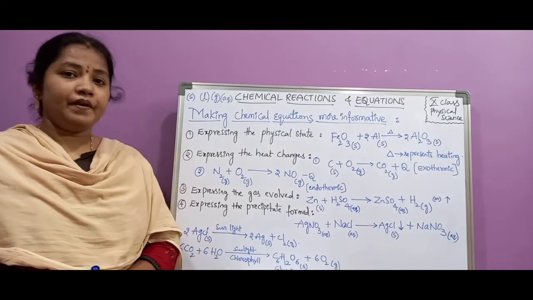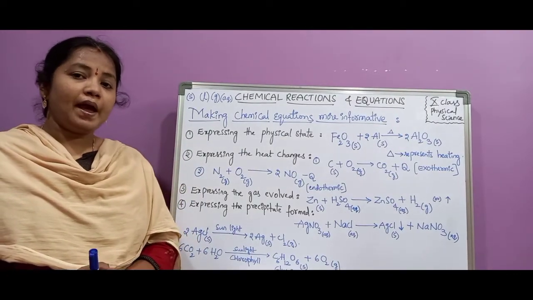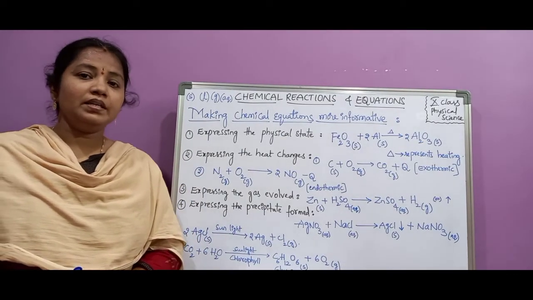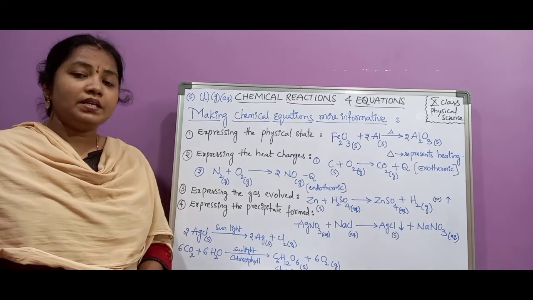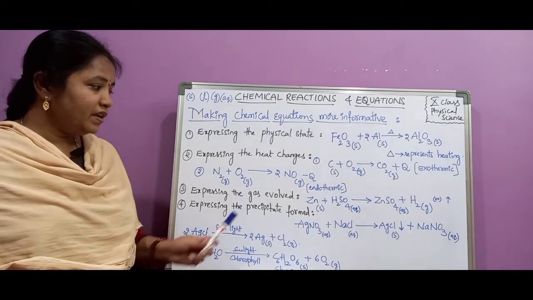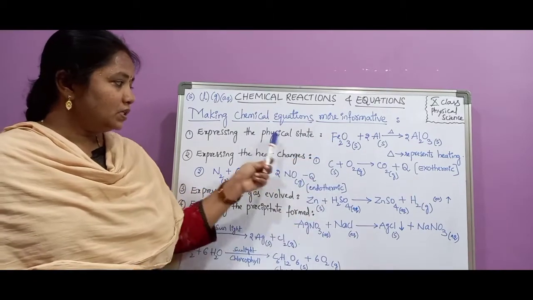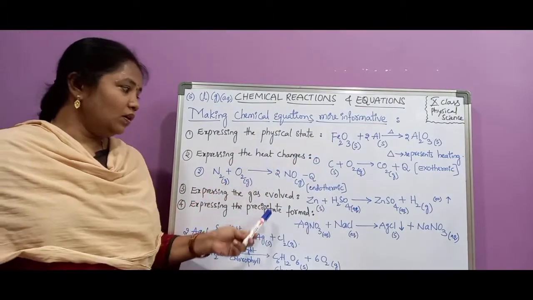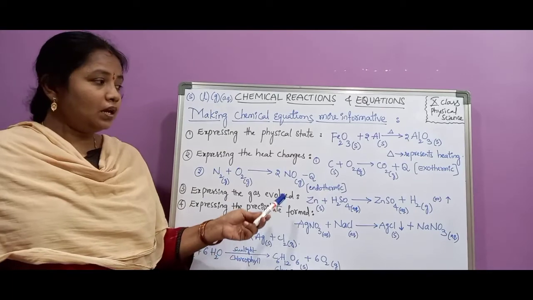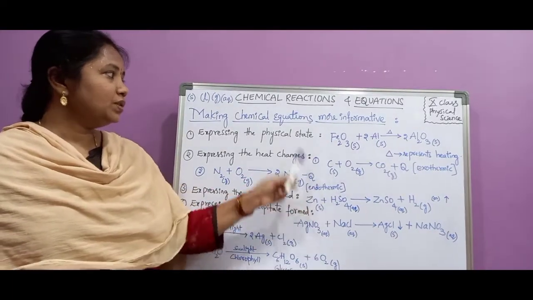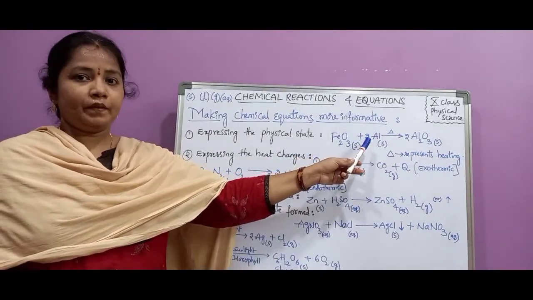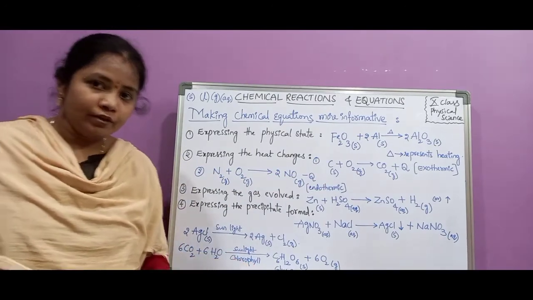We can also understand the reaction conditions for that reaction to take place. Like that, if we express all these physical characteristics, then we can make the chemical equation more informative. Okay children, thank you for watching this.